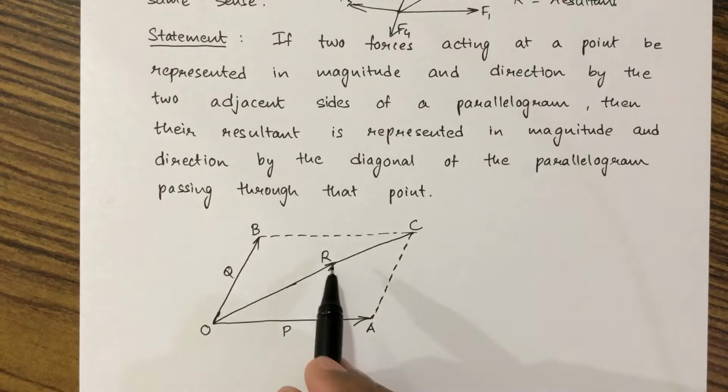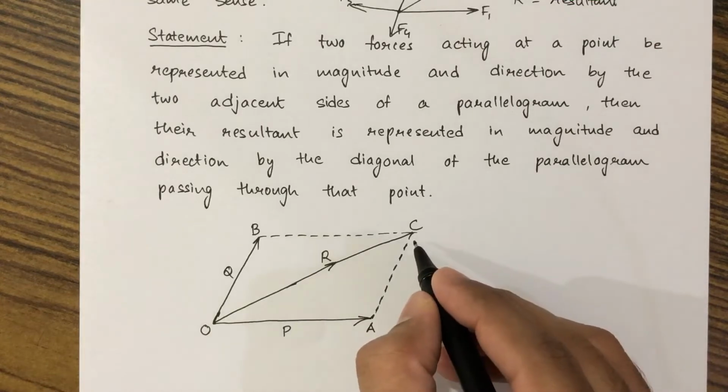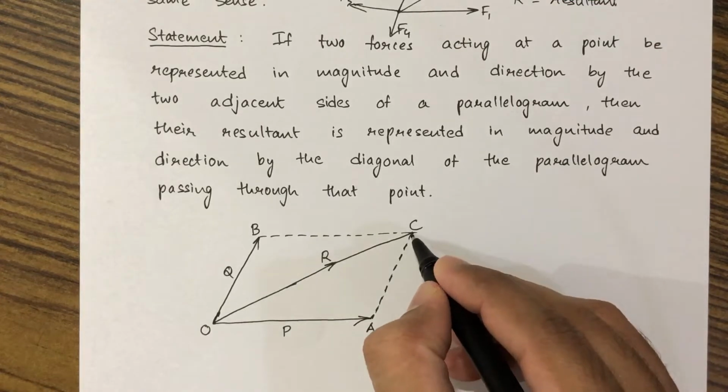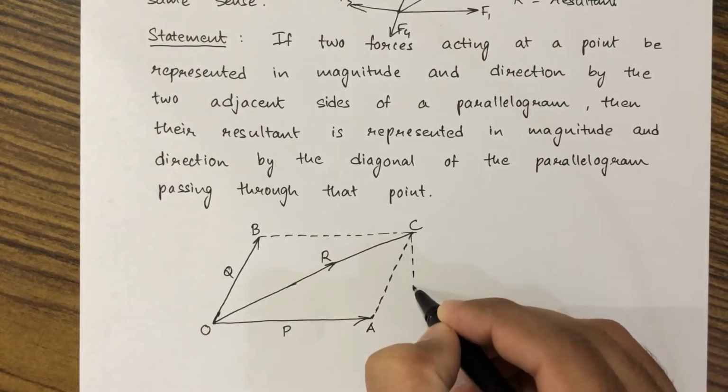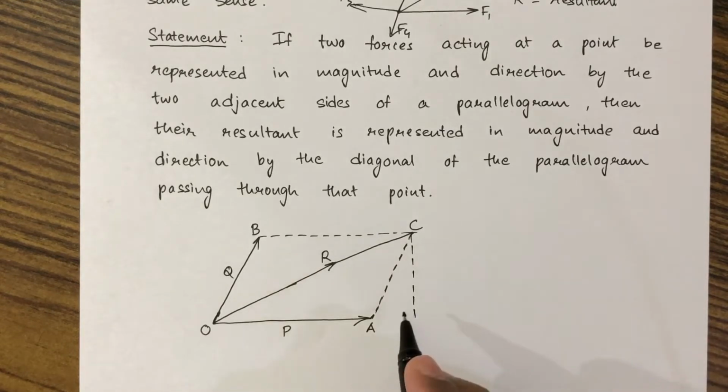Now let us find the value for this resultant R. Let us from this point C draw a line perpendicular to this OA produced.